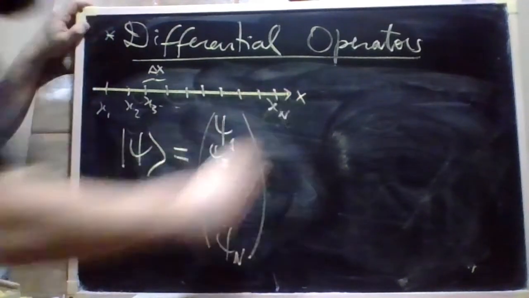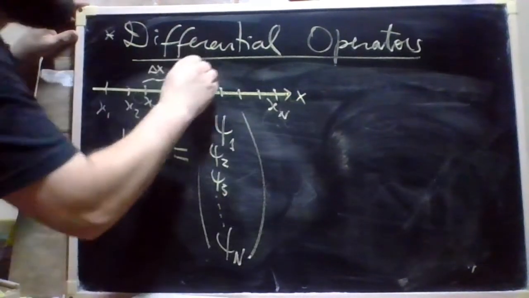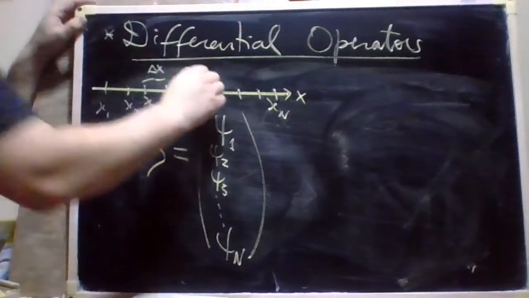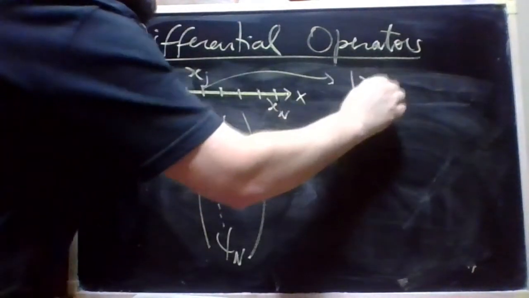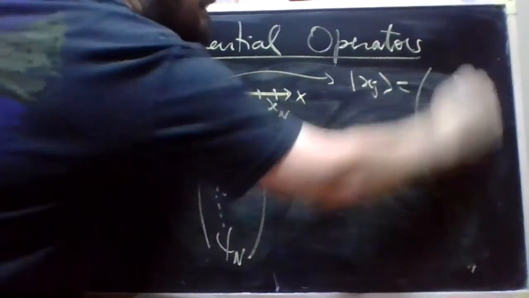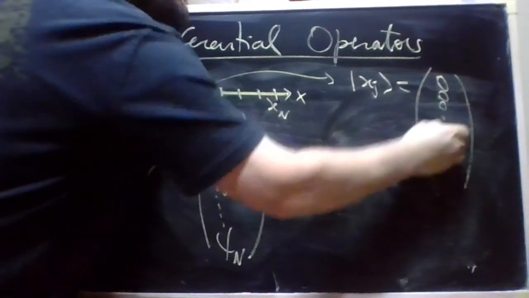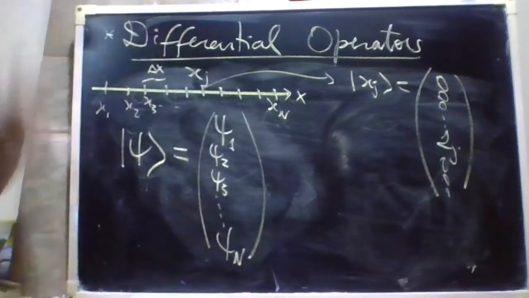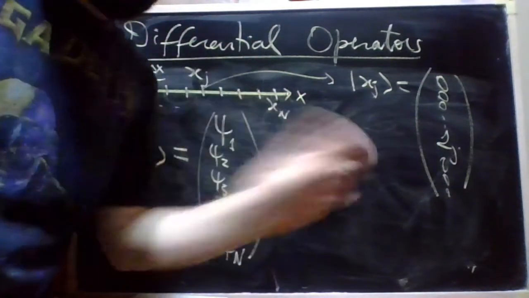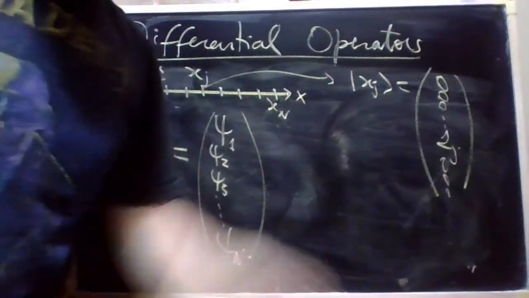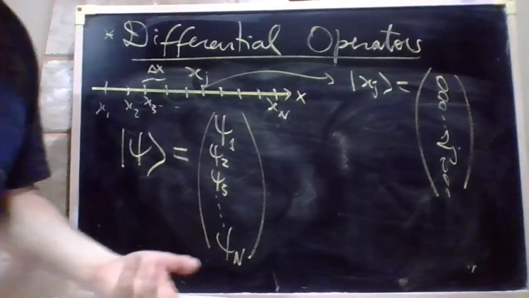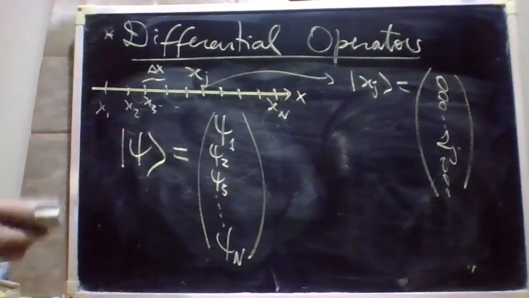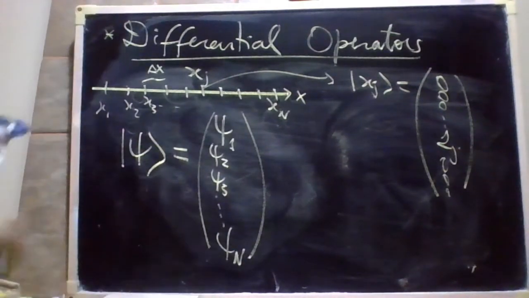So this is some xj corresponding to each one of these points. There is a vector in Hilbert space satisfying all the basis requirements. It's orthogonal, it's complete, and all that which is required for a Hilbert space.